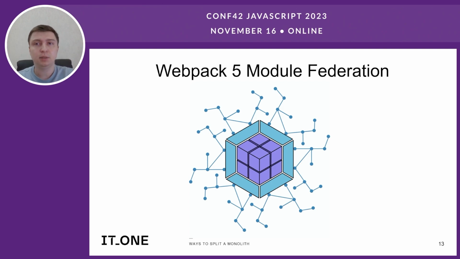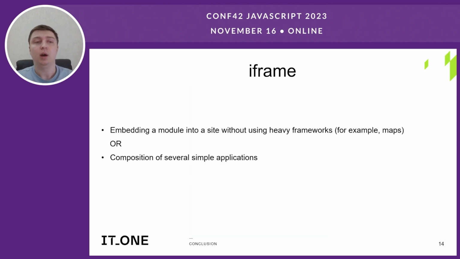Let's summarize all these six ways to split your monolith, and where you can choose each of them. Let's start with iframe. Iframe is really good when you need to embed a module into a site without using heavy frameworks.